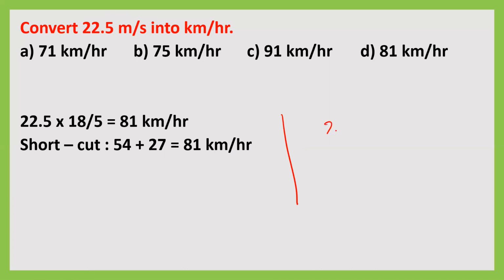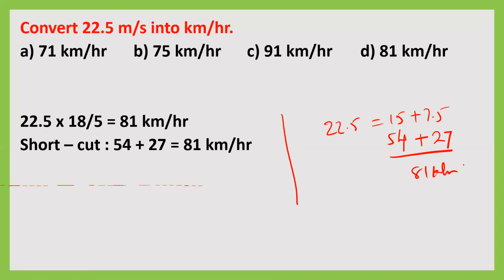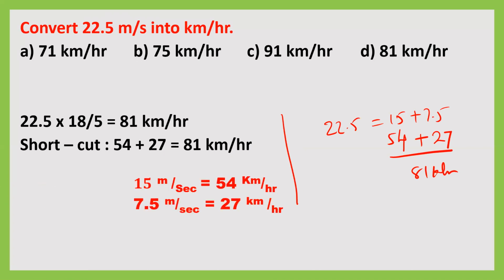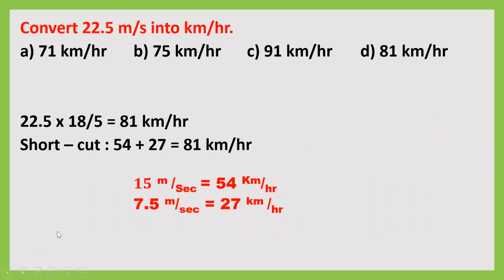Guys, 22.5 is 15 plus 7.5. 15 meter per second is equal to 54 kilometer per hour, and half of 15, that is 7.5, gives half of 54, which is 27. This is how we get 81 kilometer per hour. I repeat, 15 is 54, 7.5 meter per second is equal to 27 kilometer per hour. This is the shortcut method to convert meter per second to kilometer per hour.